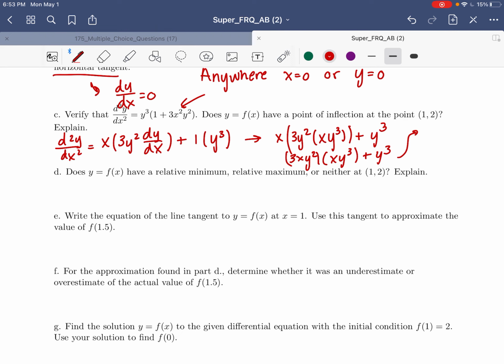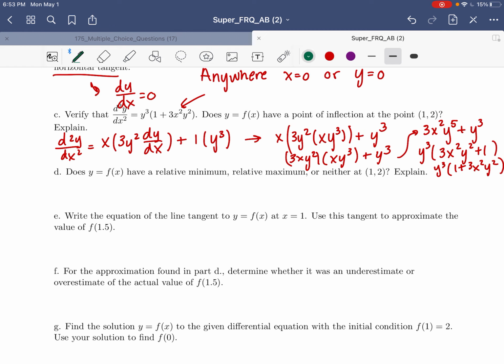Then it simplifies again to give me 3x squared y to the 5th plus y cubed. Factor out a y cubed, and I'm left with 3x squared y squared plus 1. Then flip that around, and now it matches.